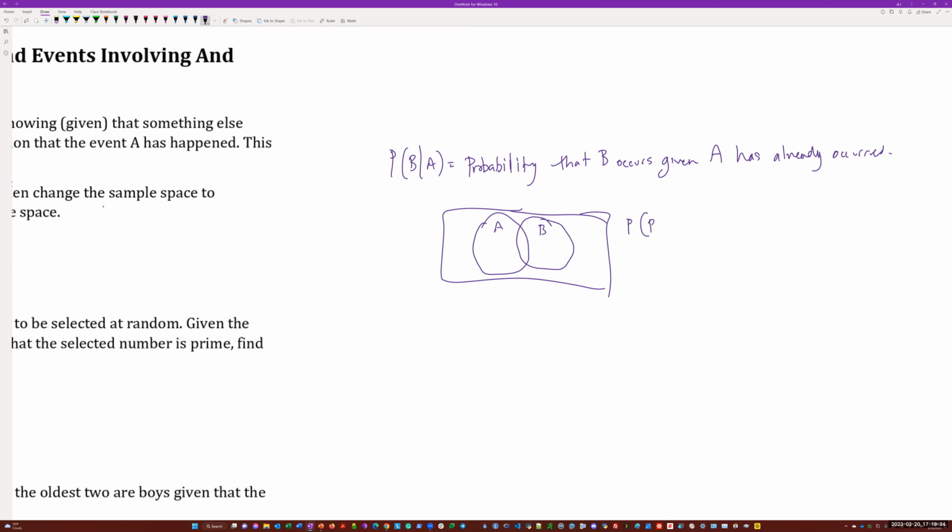The probability of B given A, I like to think about it like this, that there's a reduced sample space.